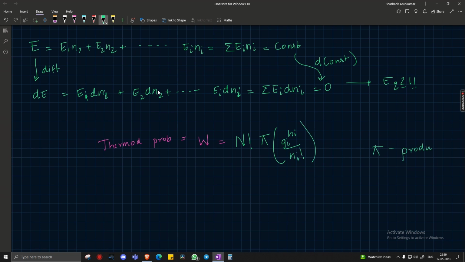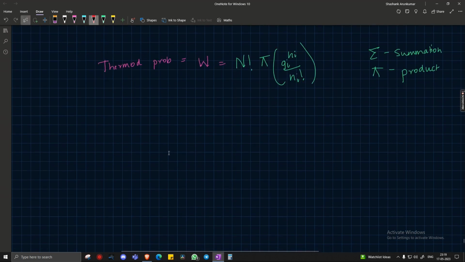The pi function represents multiplication, while sigma denotes addition, summation. Now we have thermodynamic probability, and that is expressed as a mathematical function over here.